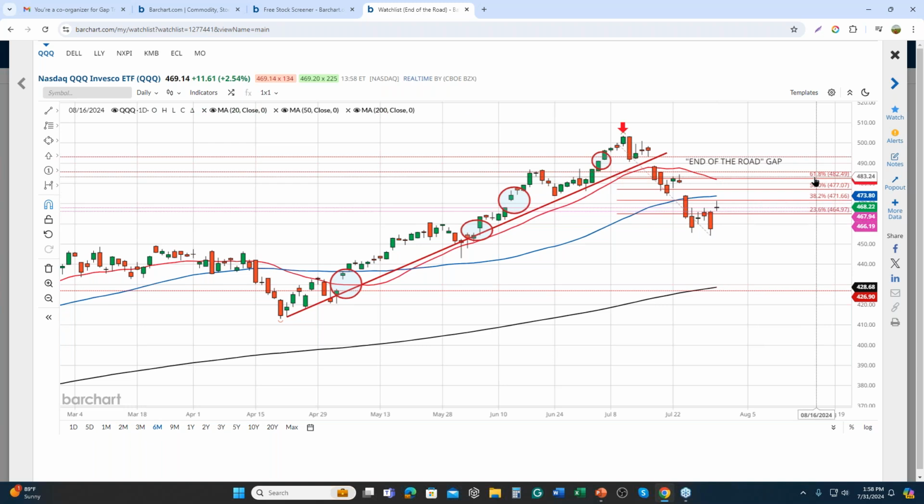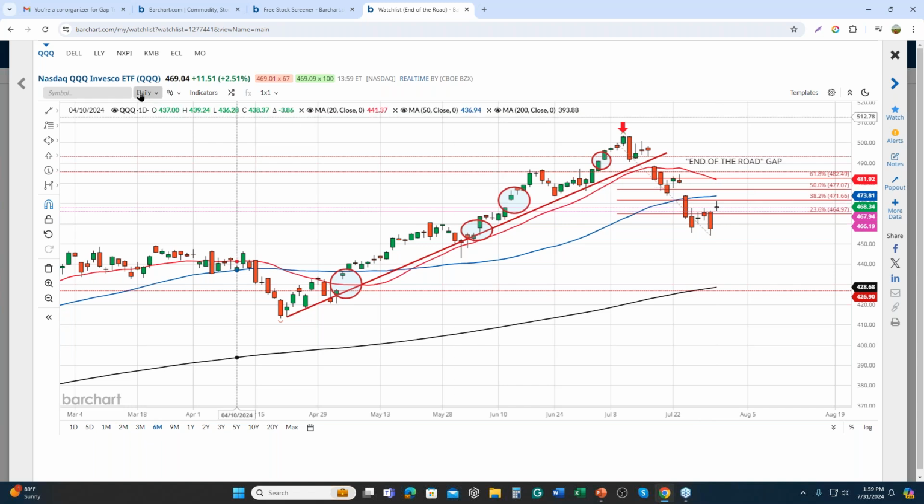So where would I be looking for an opportunity? Somewhere around in here. Again, if I go to a lower time frame, when price returns in here, I could use my pivot points, or look at Bollinger Bands to see if price has gotten a little bit ahead of itself.